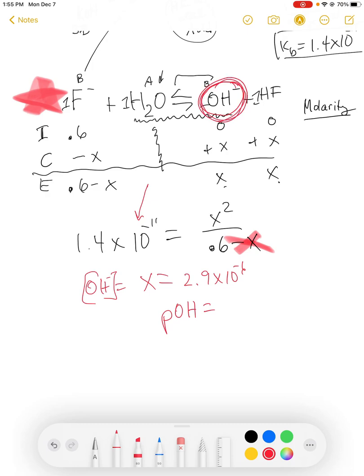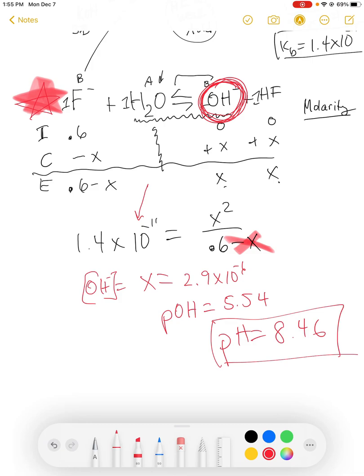You calculated the OH, and the reason that you probably got a little confused on that was, as I said before, if you can't write that equation and know that it's a basic solution, you're not going to have that OH there. You're going to have an H instead, so be careful. Okay, so the pOH is 5.54, and that means that the pH is 8.46, and that is your answer.